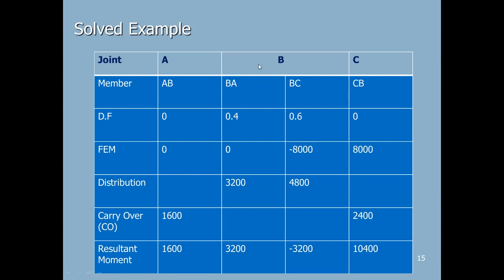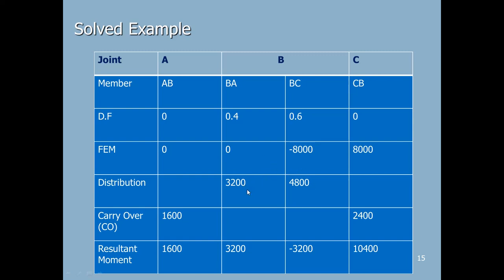Now if you look here at B, there are two members, BA and BC. So in this case, in BA the moment was 0, in BC the moment is minus 8000. So we can say that this joint is not balanced, it is not in equilibrium. So to balance this joint we have to apply plus 8000 Newton meter. Now that 8000 Newton meter will be distributed into these two branches, BA and BC.